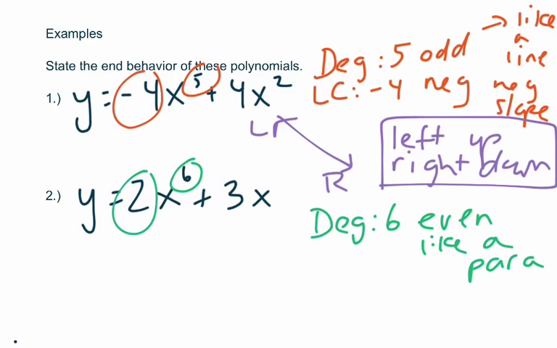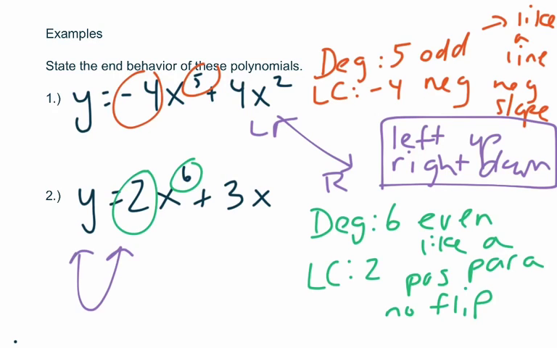The leading coefficient in this case is 2, and what's important about the 2 is that it is positive, which means there is no flip. So whatever the graph looks like, it will behave like a parabola with no flip. Again, I don't typically draw this out, but if it's the first time you're doing this, I would draw it out, a parabola with no flip.